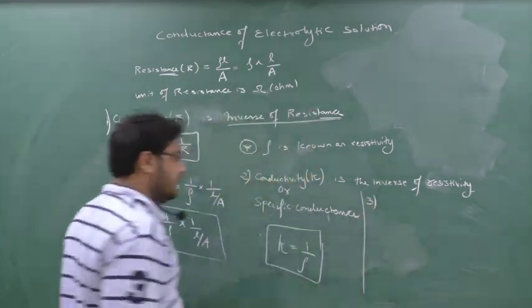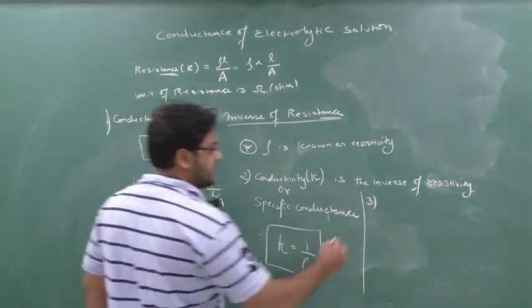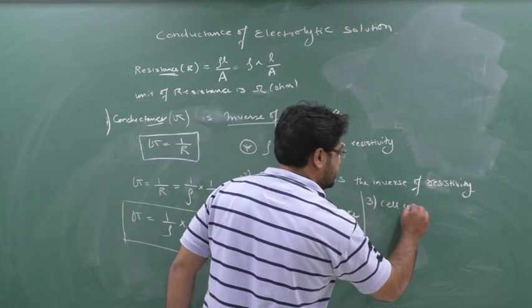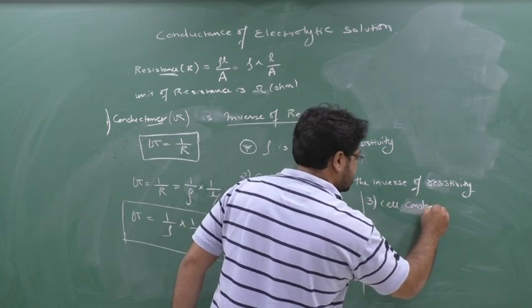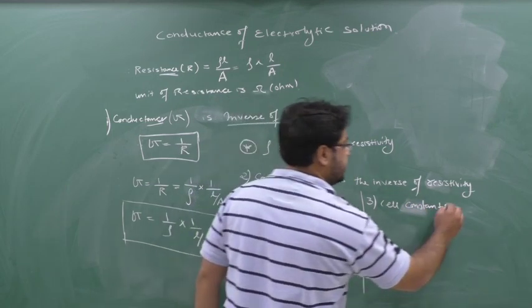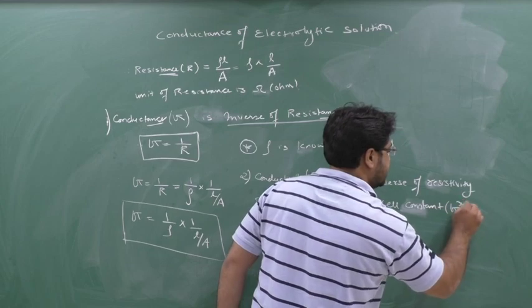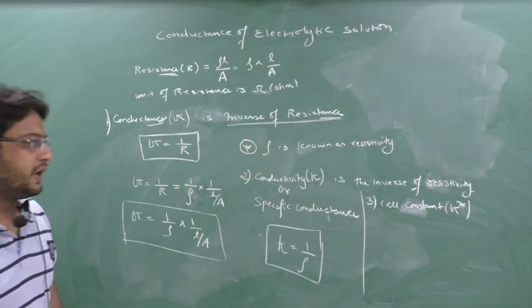Third, now cell constant. So you can write down here cell constant. The third topic is cell constant, and cell constant is indicated as G star. In some books they have given X also, but you can write G star.